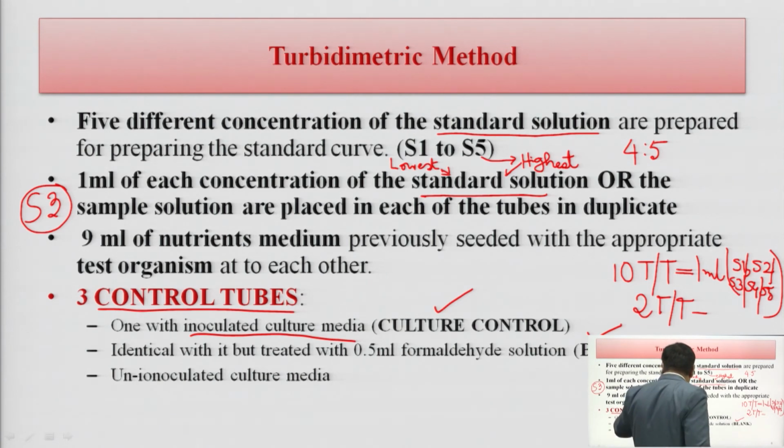The first one, with inoculated culture media, that is the culture control tube, ideally should be turbid, because you are adding the culture microorganism, it should grow, the nutrition is fully furnished, the microorganism should grow and turbidity should result.